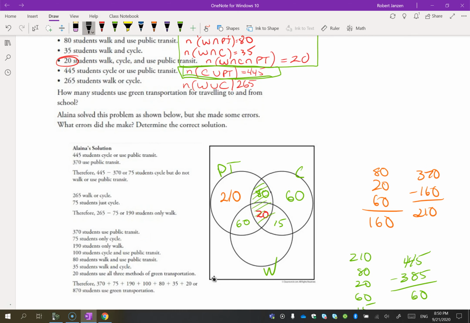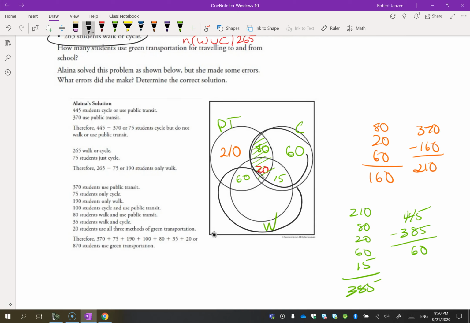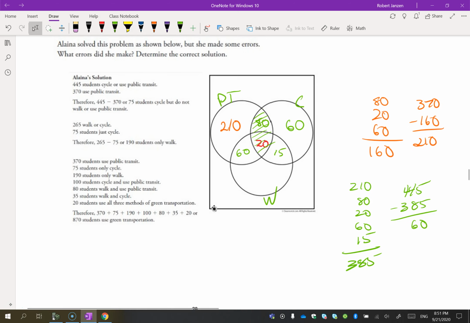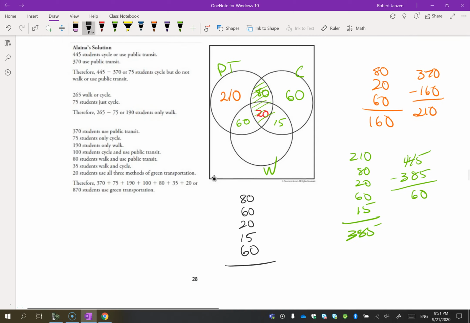Okay, let's try this now. 265 students walk or cycle. So that's these two circles combined. Well, what do we have in those two circles already? We have 80, 60, 20, 15, and 60. That's what we've got so far.